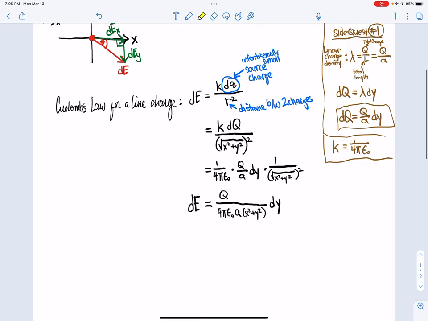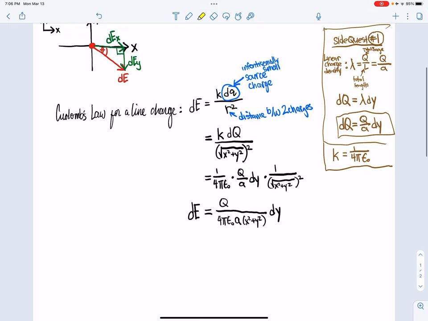Okay, so based on this triangle that we've drawn with angle theta, we can say that dEx is equal to dE times cosine of theta.